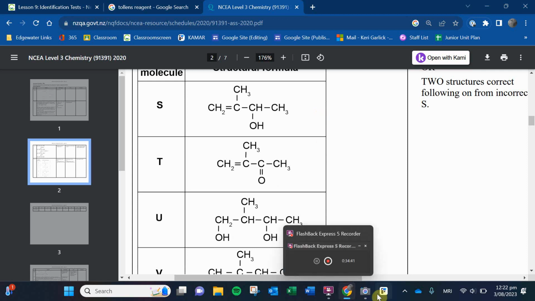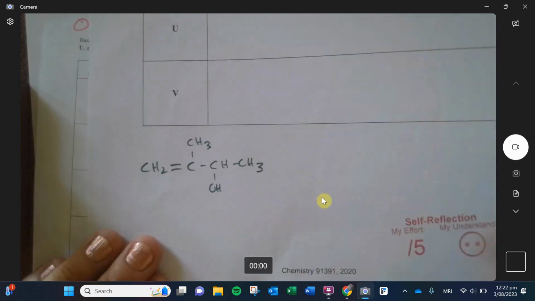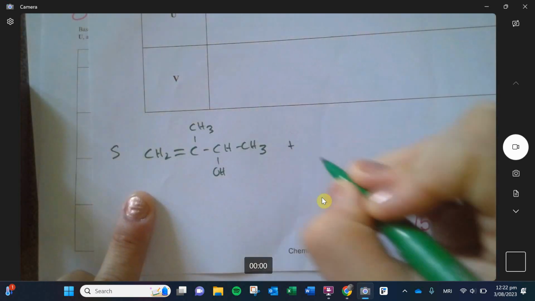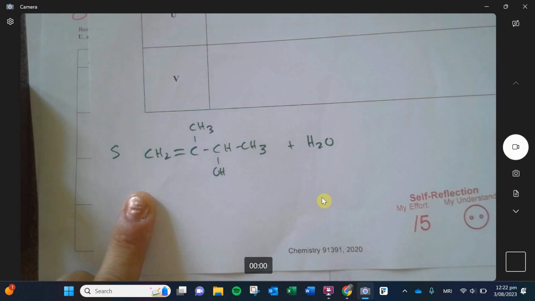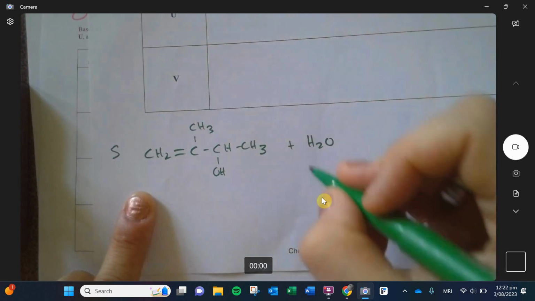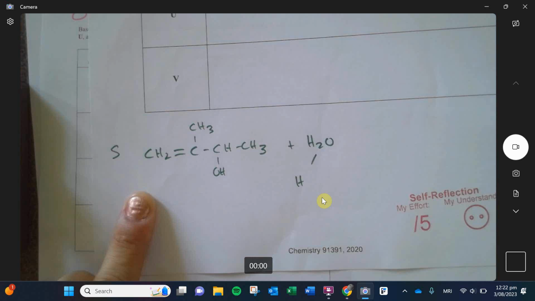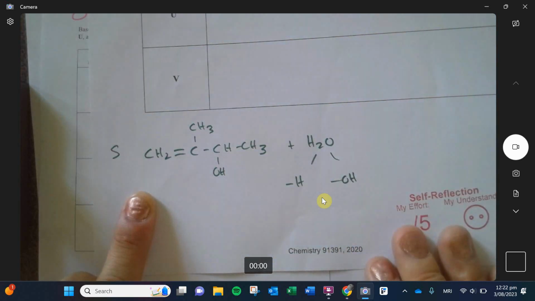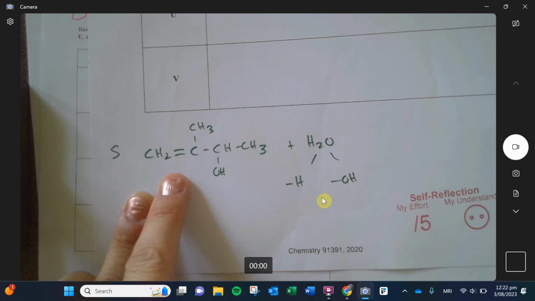Cool. So what I have here, this is molecule S, and we are adding water to that molecule. When I add the water, I am adding a hydrogen, and I am adding an OH to this organic molecule.